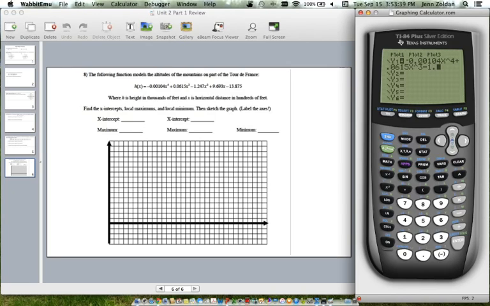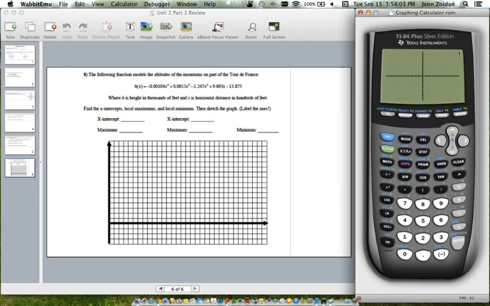Minus 1.247 x squared plus 9.693 x minus 13.875. Now let's graph that.